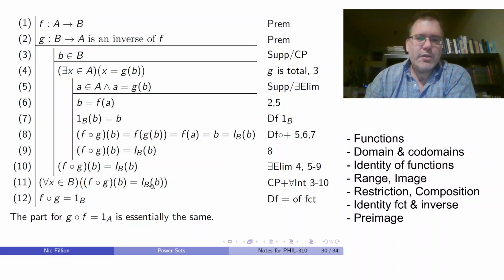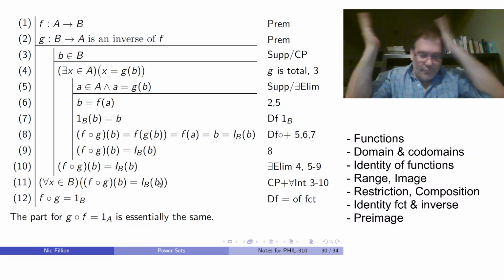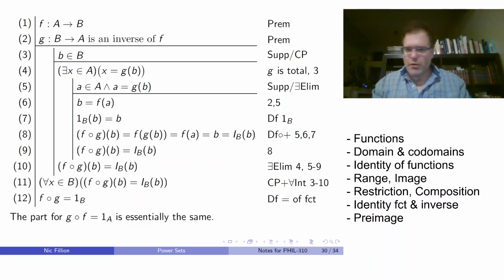So how are we going to show that? Well, remember that your restricted quantifiers are really conditionals. So we're going to suppose an arbitrary element. Oh, I'm so sorry, on line 11, instead of the small b, it should be x. What a moron, huh?